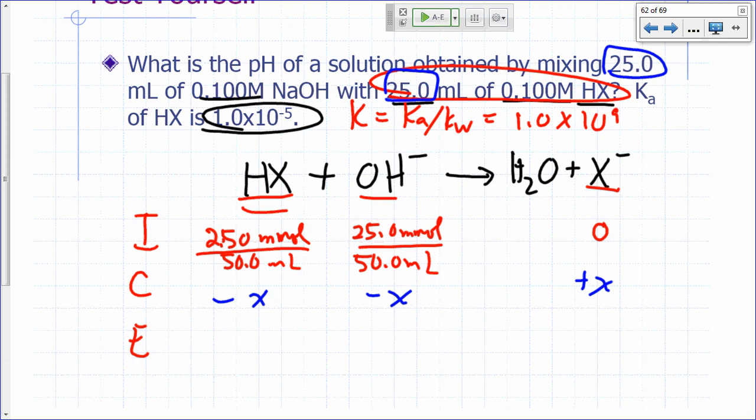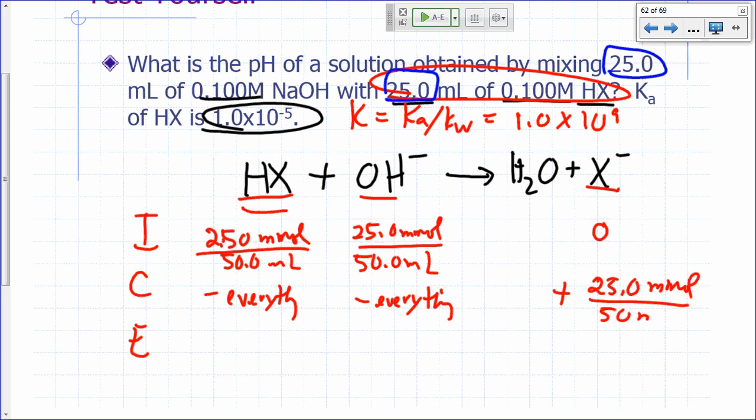Pretty much. So I'm just not going to do it that way. I'm just going to say minus everything, right? And how much of this would I make? This is plus everything, which is 2.50 millimole out of 50 mL.